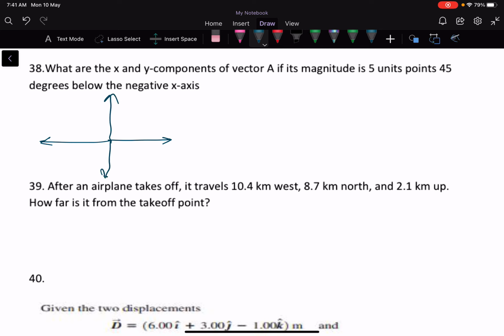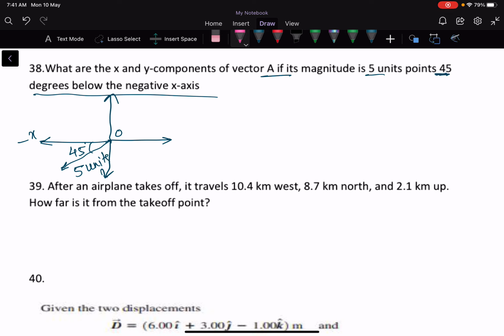From the origin, vector A points along 45 degrees below the negative x-axis. This is the negative x-axis. So this is 45 degrees below the negative x-axis with a length of 5 units.